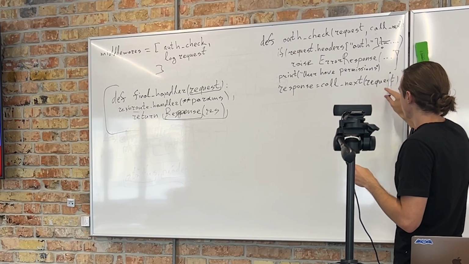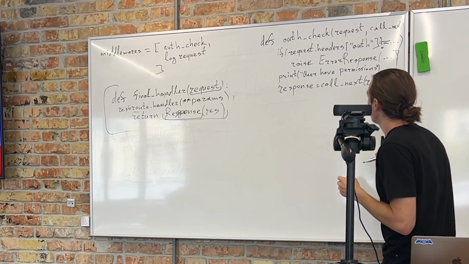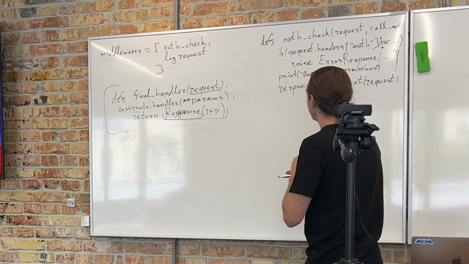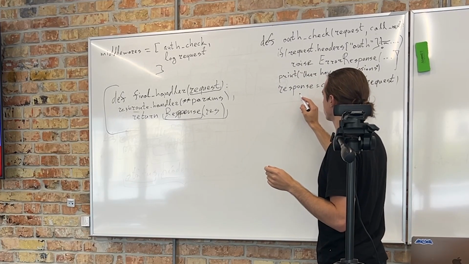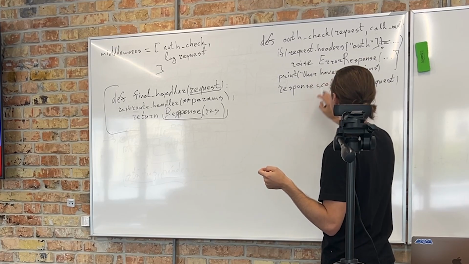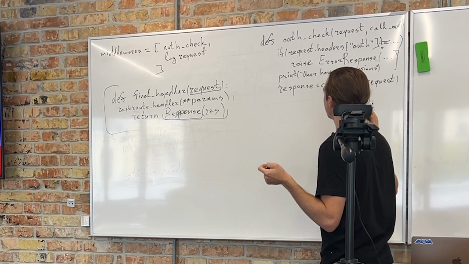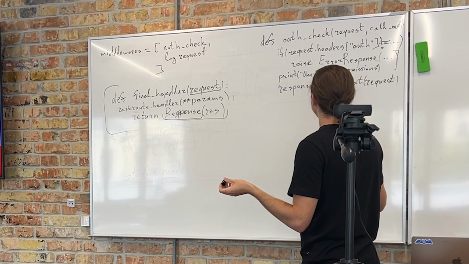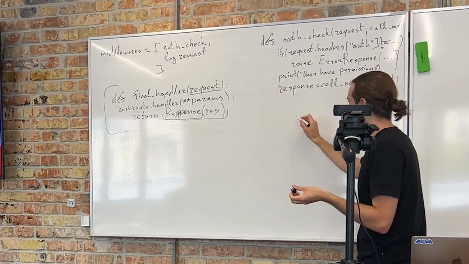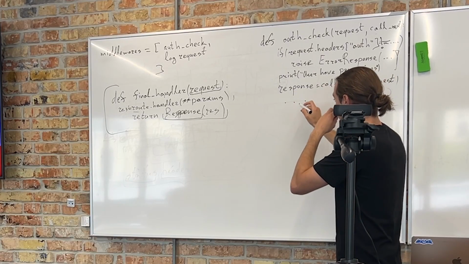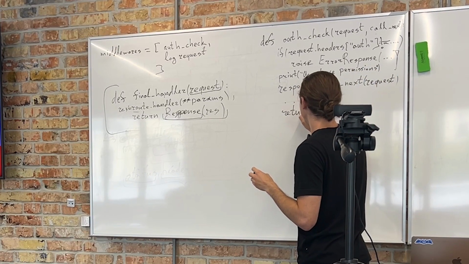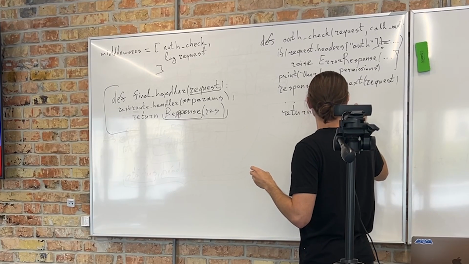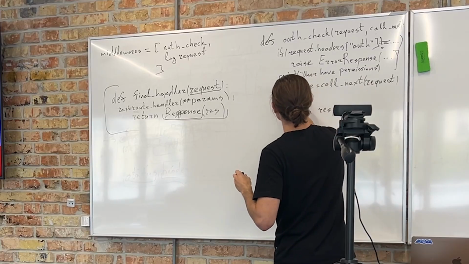We need to pass our request to the next method. Then, after this, we can do some additional stuff with the response. We can update response headers, update response content, we can do anything before we return our response.